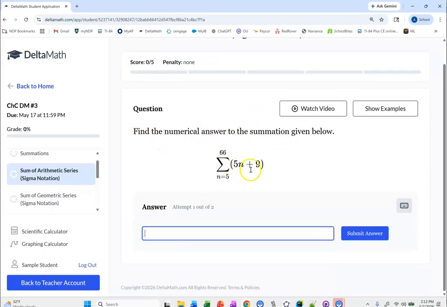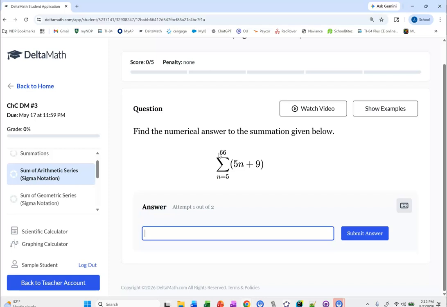What type of sequence is this one adding up? If I look at this explicit formula, it's arithmetic. Try to use the formula for the arithmetic sequence that I gave you guys. So you'd plug 5 in as the first term, and 66 as the last term.